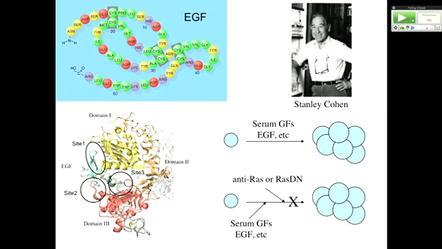And the answer to that came not from studies of cancer, but came from studies of normal growth control. And that was through the identification of the first growth factor.